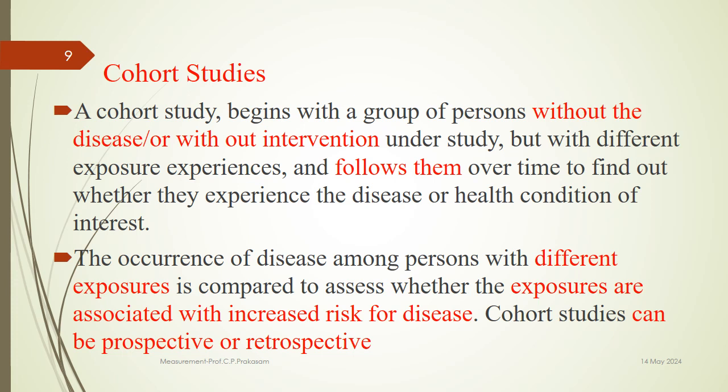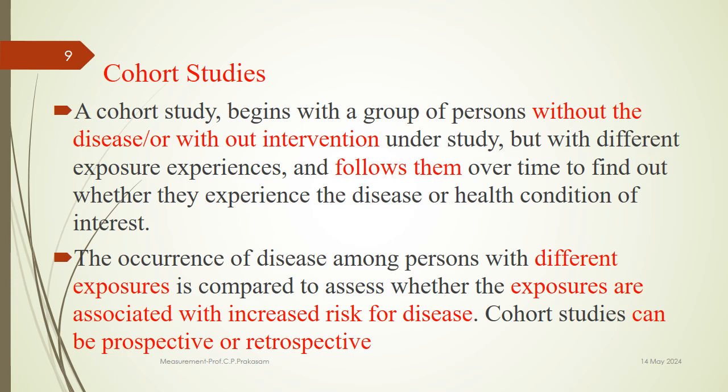Then another one is the cohort studies. Cohort studies begin with a group of persons without the disease or without the intervention under study, but with different exposure experiences, and follow them over a period of time and find out how many people there are at the end of the time period, and then find out the difference between the initial and final period with or without intervention.